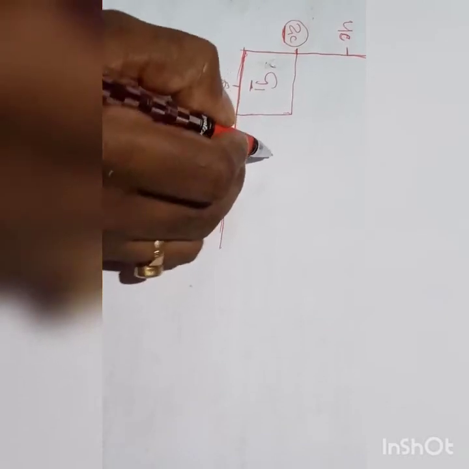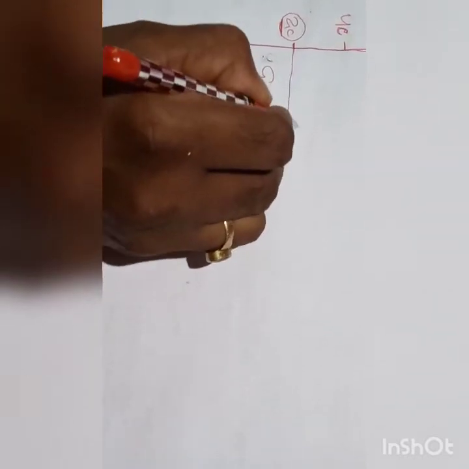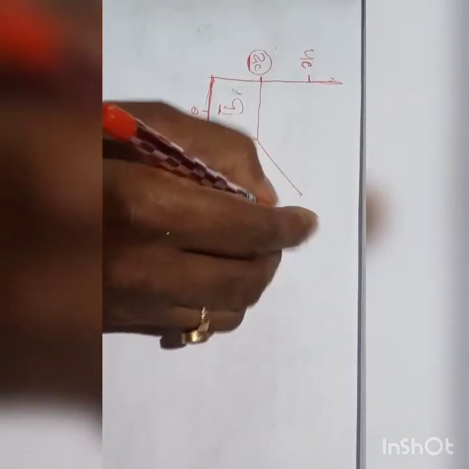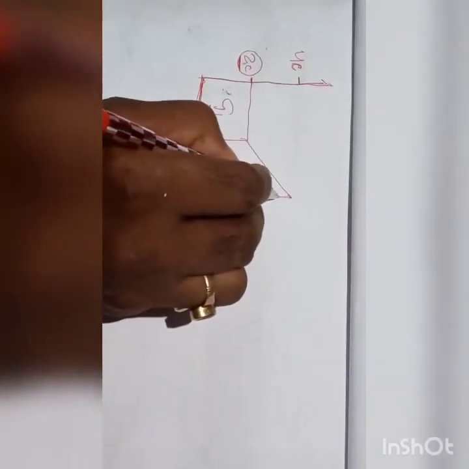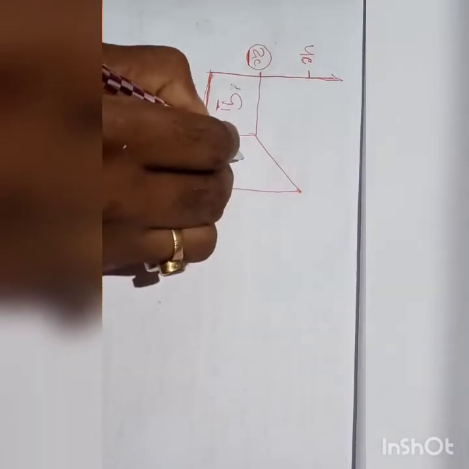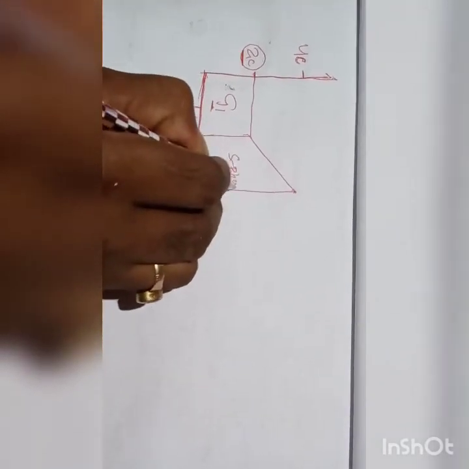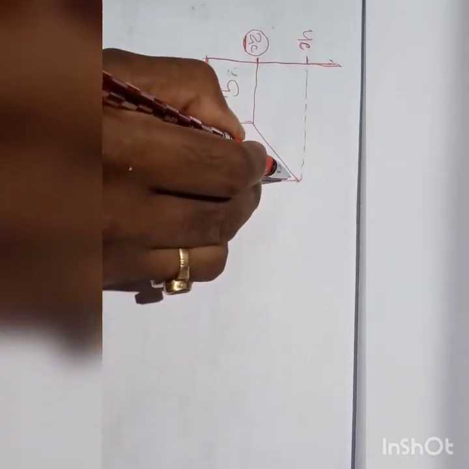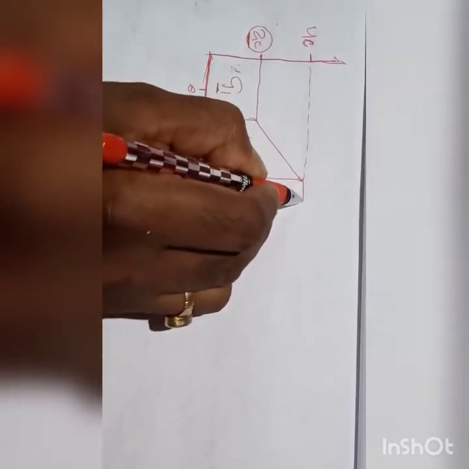And when the cell enters S phase, by the end of the S phase the amount of DNA becomes double. So now the amount reaches up to 4C, and the cell then enters G2 phase.